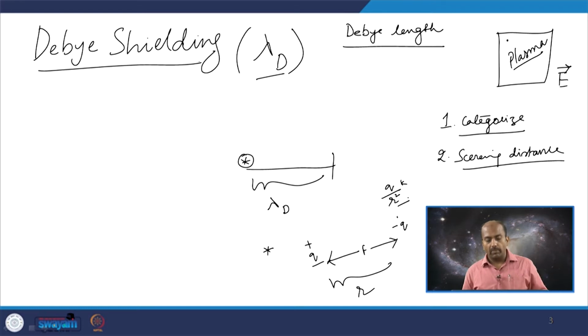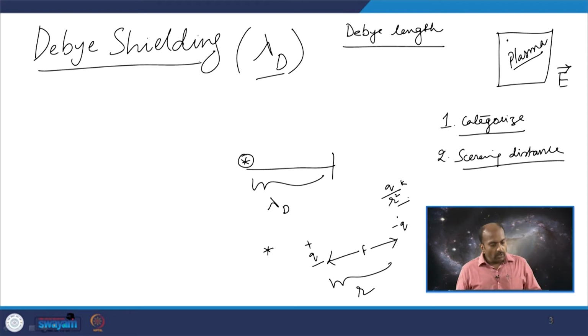But in plasma, if you have a charge held in the plasma, the plasma will behave as if it confines the influence of this charge up to a certain point, after which the remaining plasma will not come under the influence of this charge, or will not realize that there is a charge present at some point in the plasma.